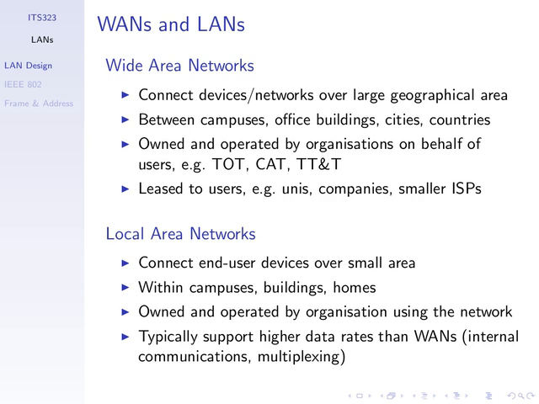Local area networks typically, not always, but in most cases, support higher data rates than wide area networks. One reason is that a local area network needs to support communications from the internal computers to computers on the internet, external. Therefore, the network needs to support that amount of data, as does the wide area network connection.